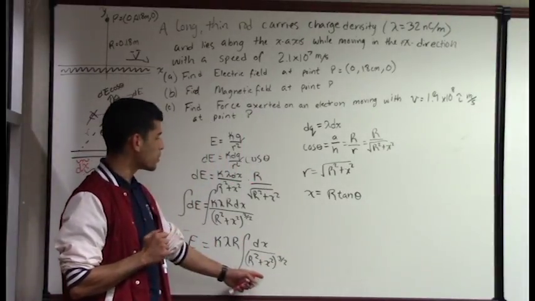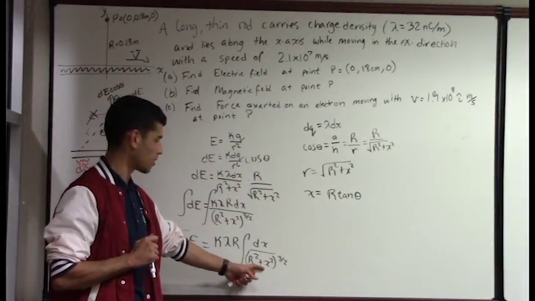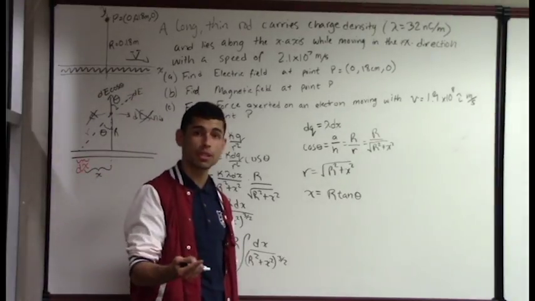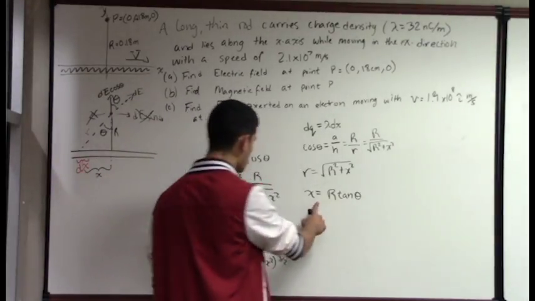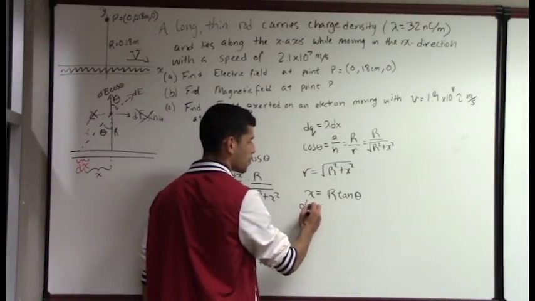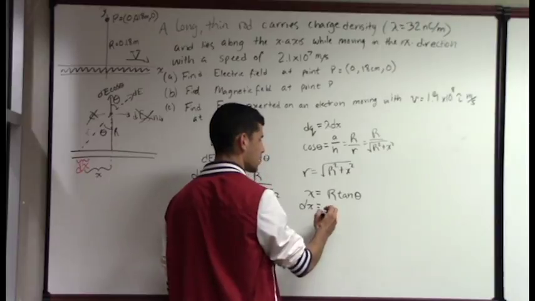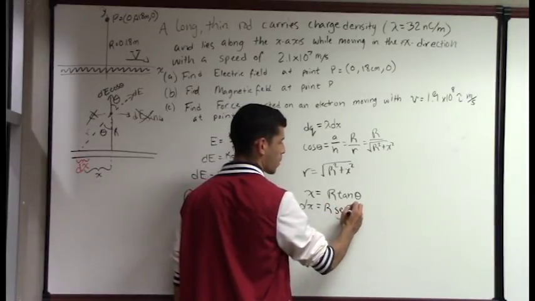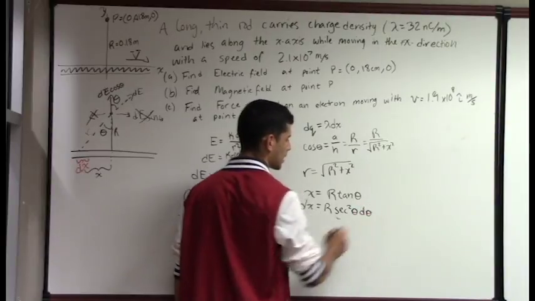The reason we use tangent is because we see the plus sign. When we extract our r squared, it's going to be 1 plus tangent squared of theta, which we can replace with secant squared of theta. Before that, we also need to find the replacement for dx, and we do that by taking the derivative of both sides, which gives us r secant squared of theta d theta.